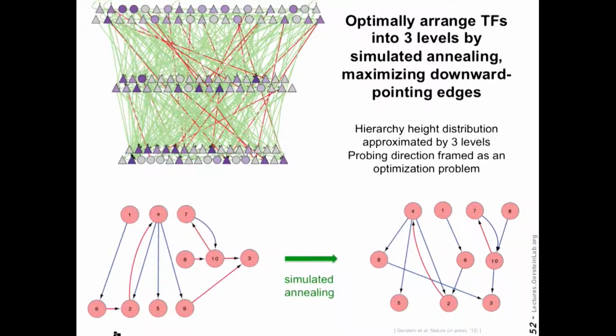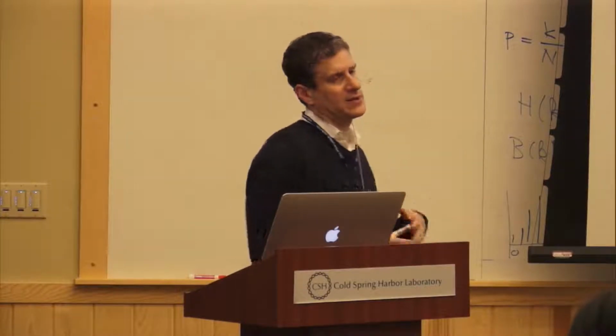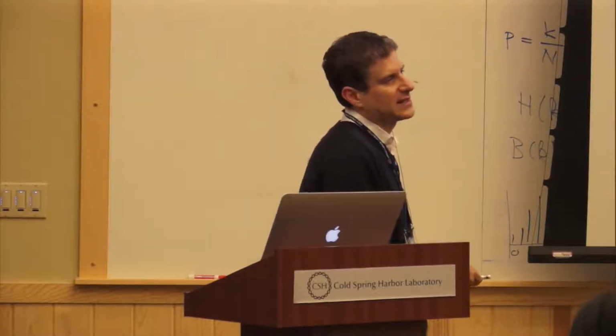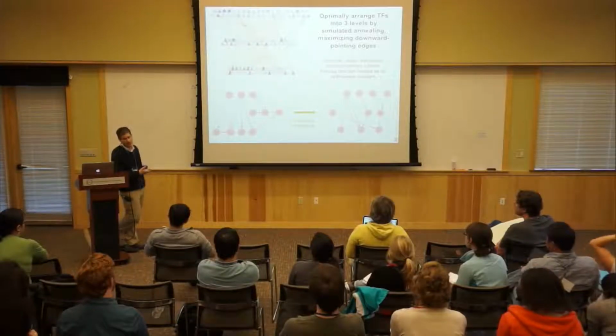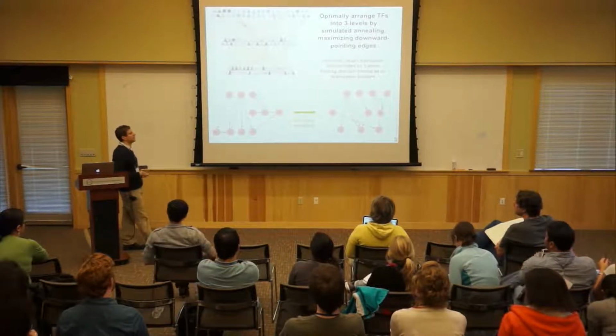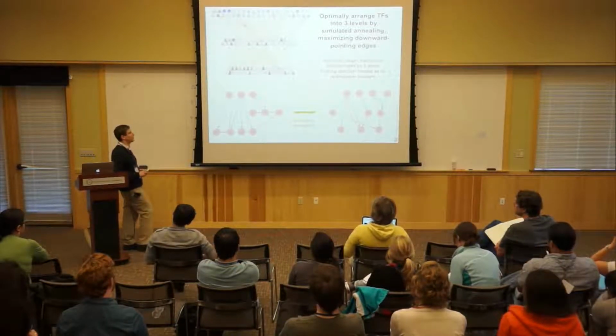The point of this picture is that there is much more green than red. By and large, you can build a hierarchy of the factors, where a group of factors mostly sits on the top and has a downward flow to the next level and so forth. If you had a random network, it wouldn't show this, but it turns out that the factors in the human genome have this natural hierarchical structure.